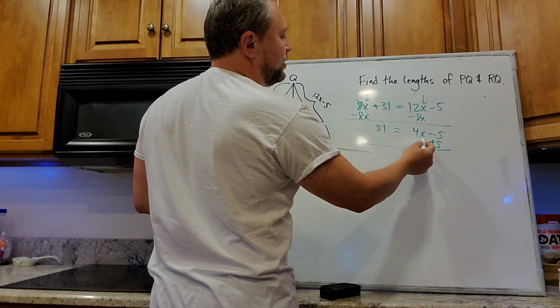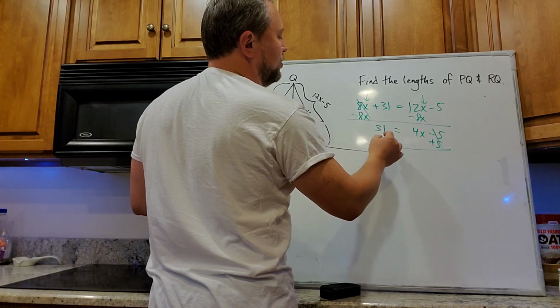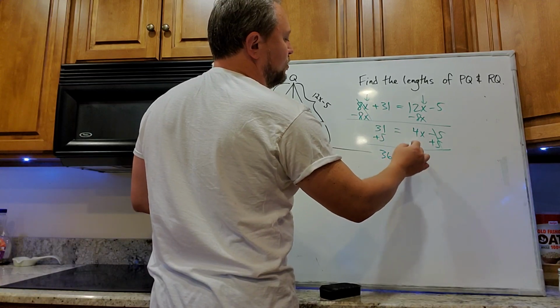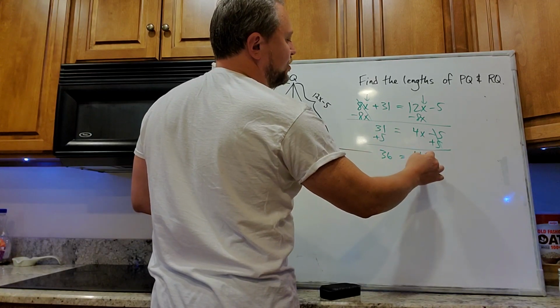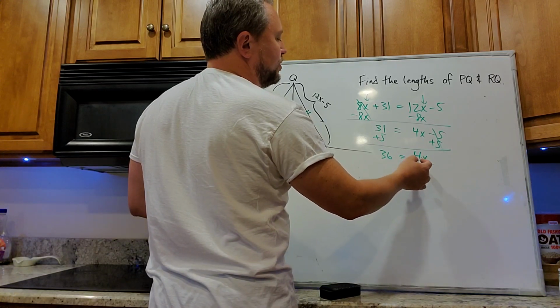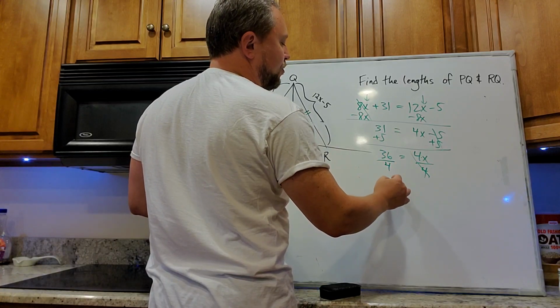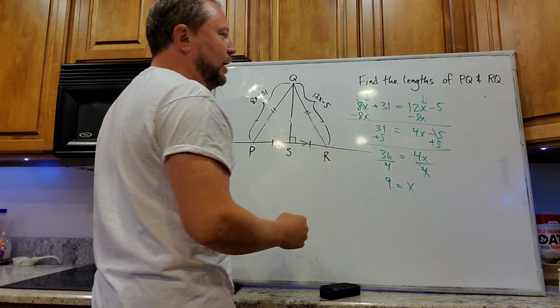So at this point, to get this x by itself, I'm now going to add 5. So that'll cancel. Whatever I do to one side, I've got to do to the other. So we're up to 36 over here and just a 4x over here. Now I could get rid of that 4 since it's being multiplied by dividing. When I divide by 4, you can see that I get x equals 9.